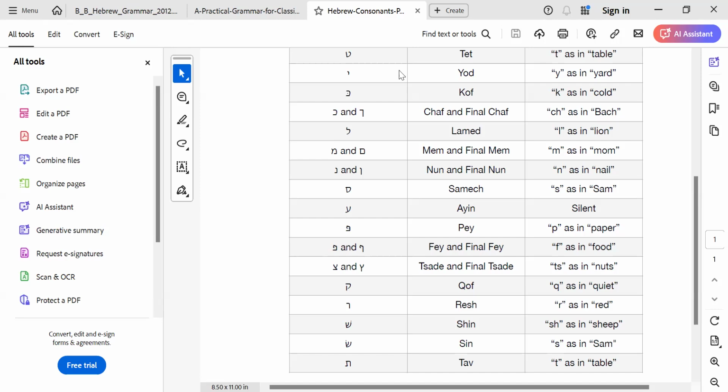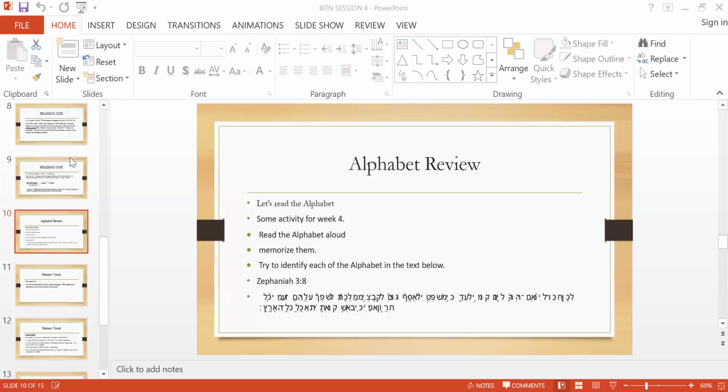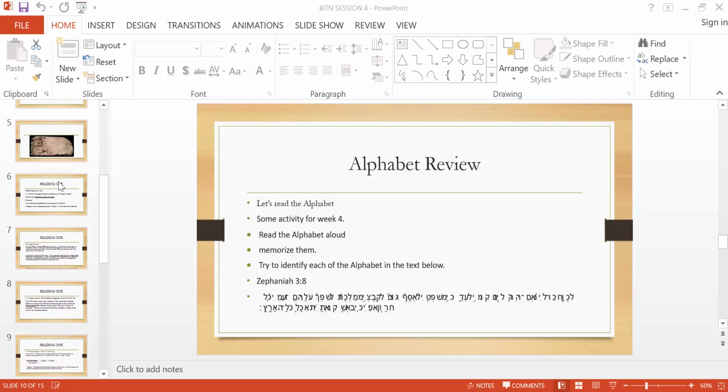Then we can take off from there. Let's take our first reading.